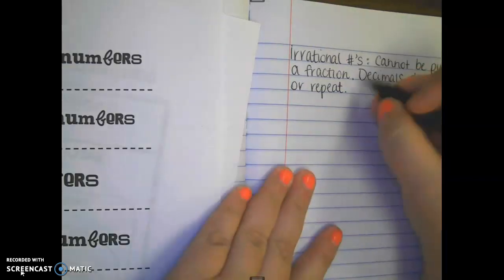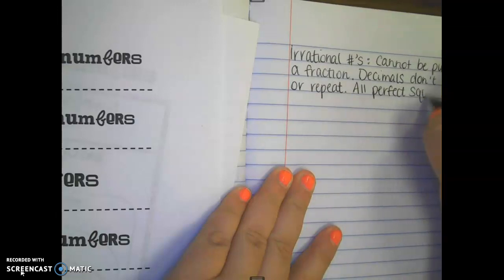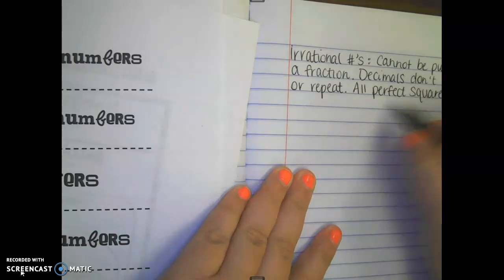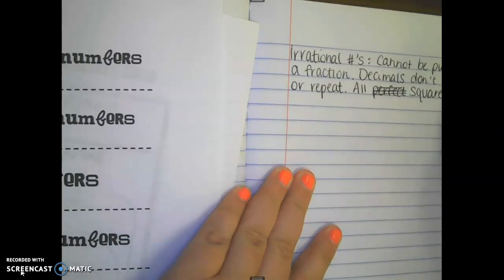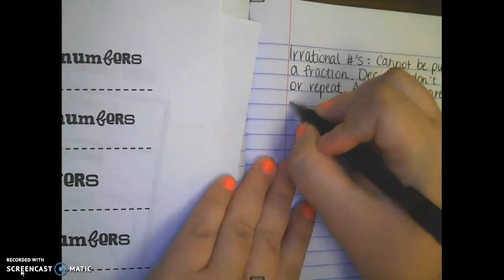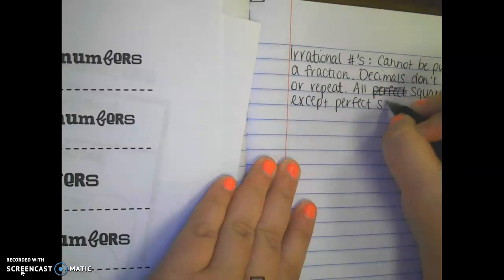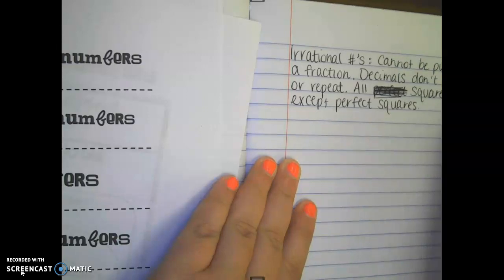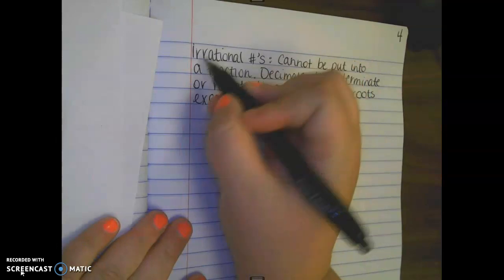This is going to include all square roots except perfect squares. I'm sorry, that's kind of off the page. If you need to pause it there to get the definition, you may pause and then push play when you're done. All right, so irrational numbers.